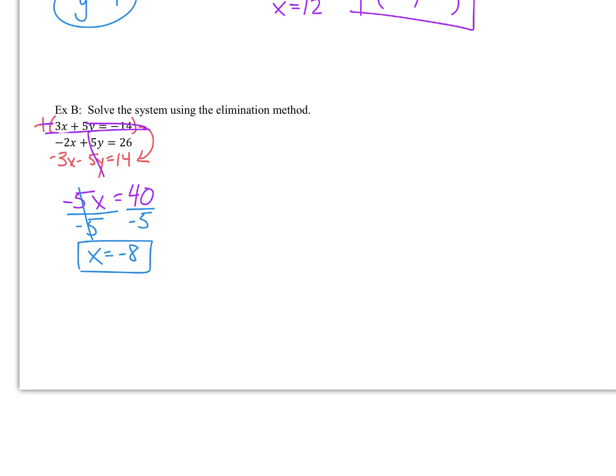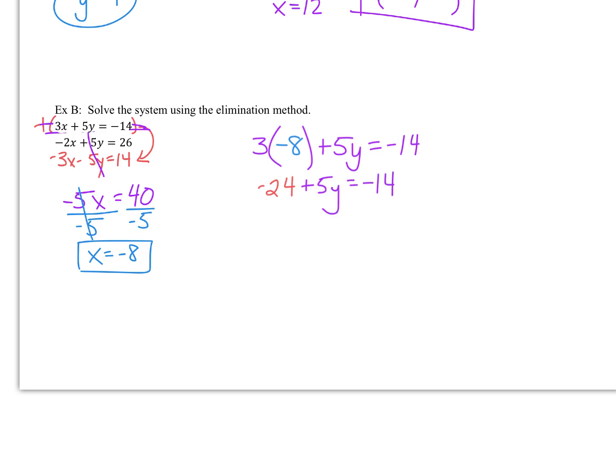The top? Okay. I'm going to make that visible again because I crossed it out earlier. All right. So 3 and then parentheses, my negative 8 because it's going in for x. So let's see, I get negative 24 plus 5y.